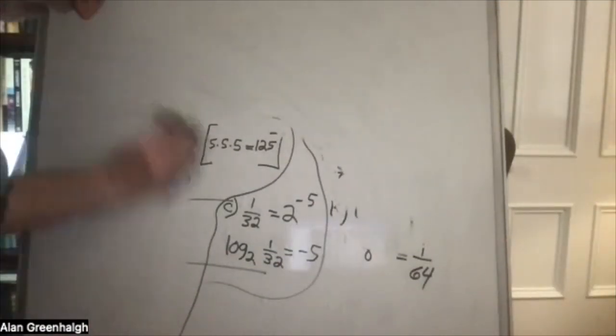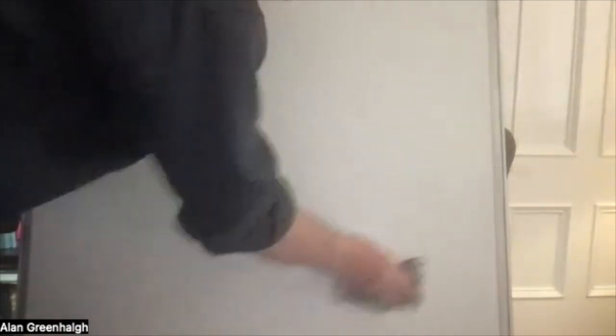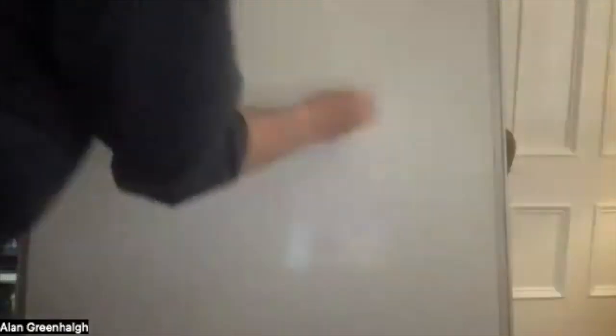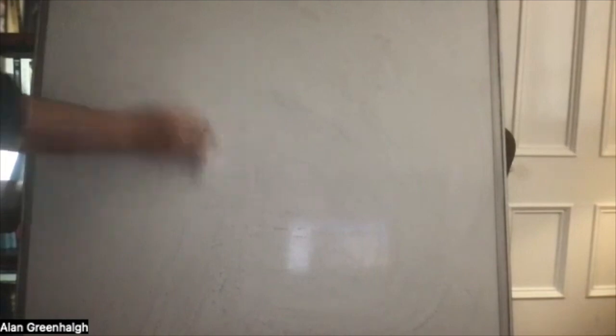It's just written in a very peculiar way because it's more difficult to be able to solve for y. But in general, that's what a log is. A log is the inverse of an exponential function.